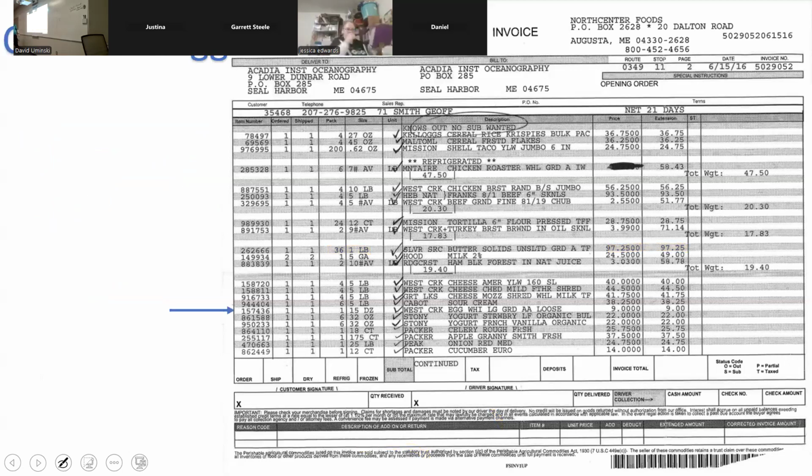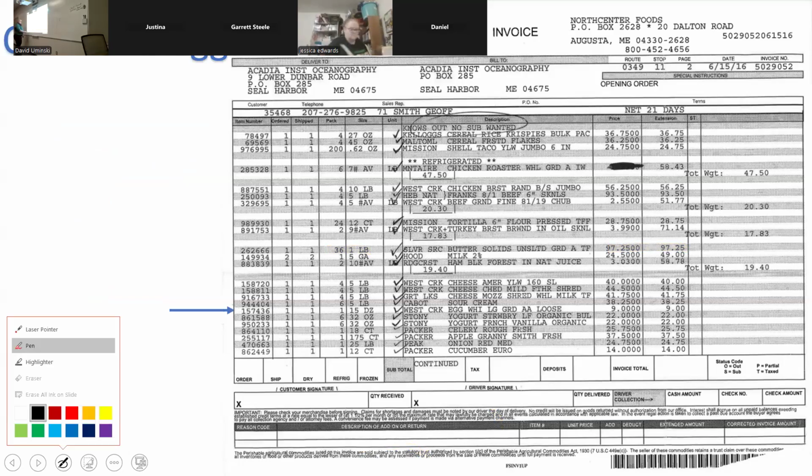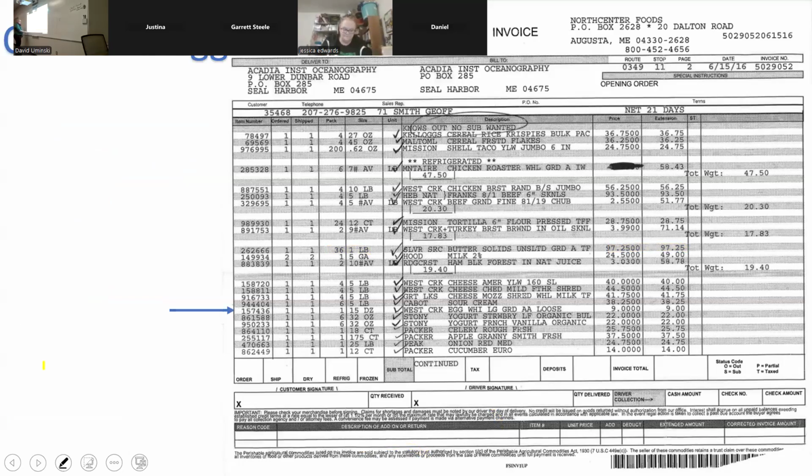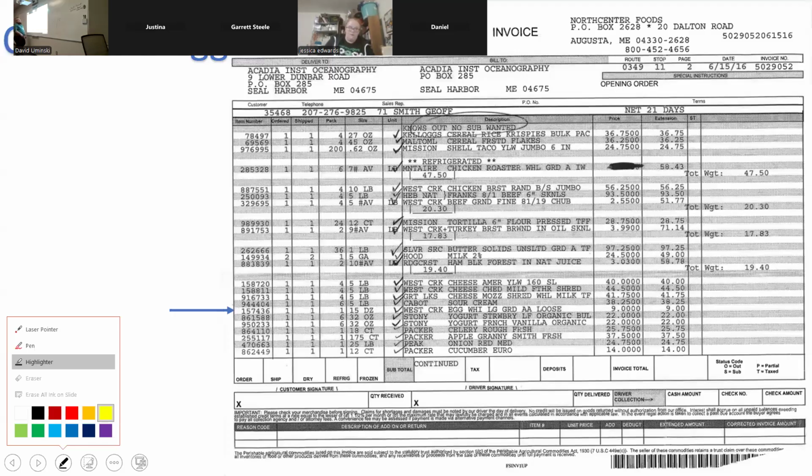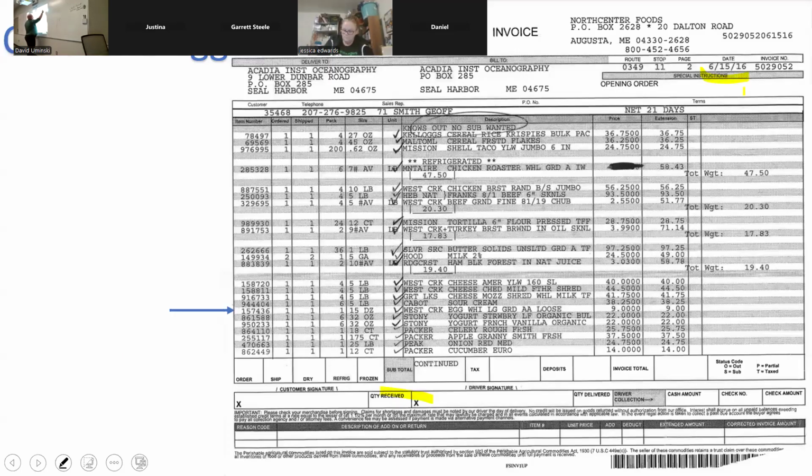Okay. Let's do eggs. This one blows my mind. Because in 2016, June 15th of 2016, 15 dozen eggs cost me $9. I basically get a big box.